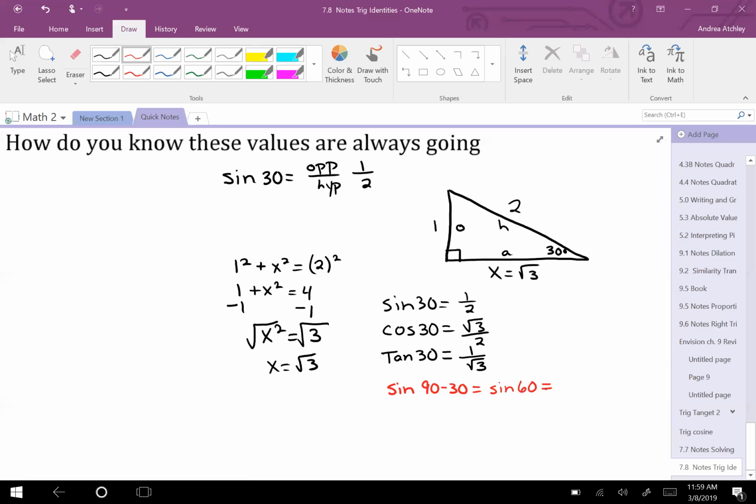And you don't even really need the triangle here. The sine of 60 is going to be the same as the cosine of 30, right? So the square root of 3 over 2. Then we have the cosine of 60 is going to equal the same thing as the sine of 30, which is 1/2.